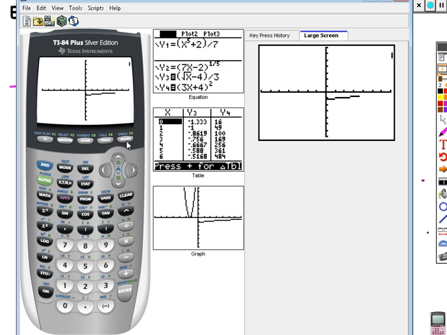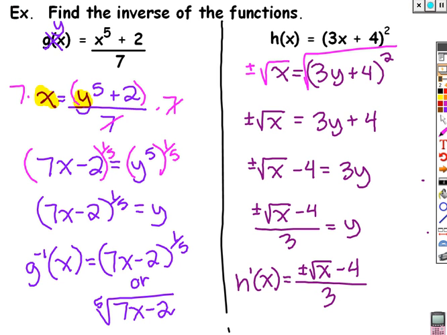Here's the inverse. I only get kind of one branch of the parabola. So my original is this parabola. If I take the inverse and I don't put the plus or minus out front, I only get the one branch. If I put the plus or minus, then I'll get the other branch that I need to have the inverse of my original quadratic function. So the plus or minus becomes very important if the degree of the exponent is even.